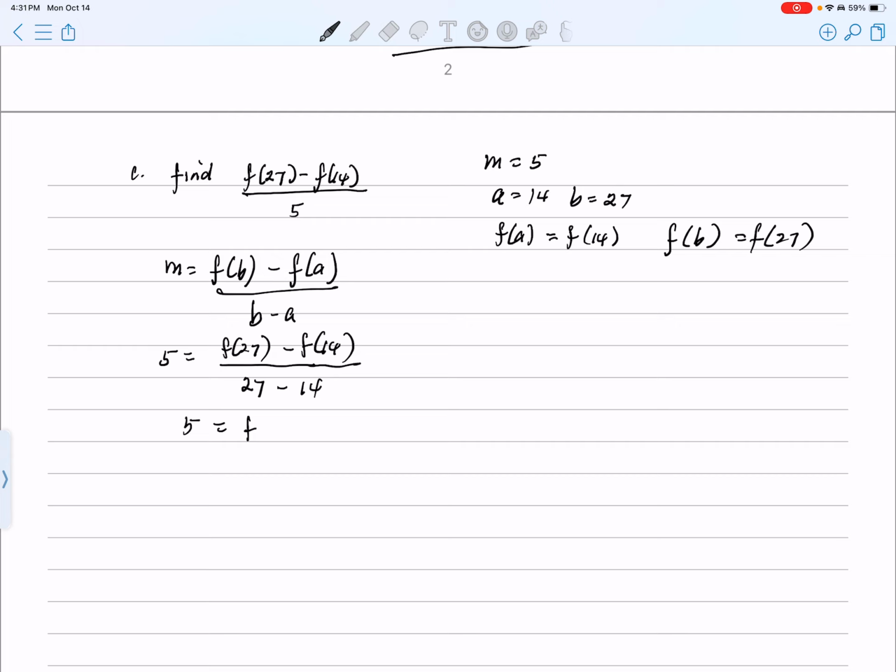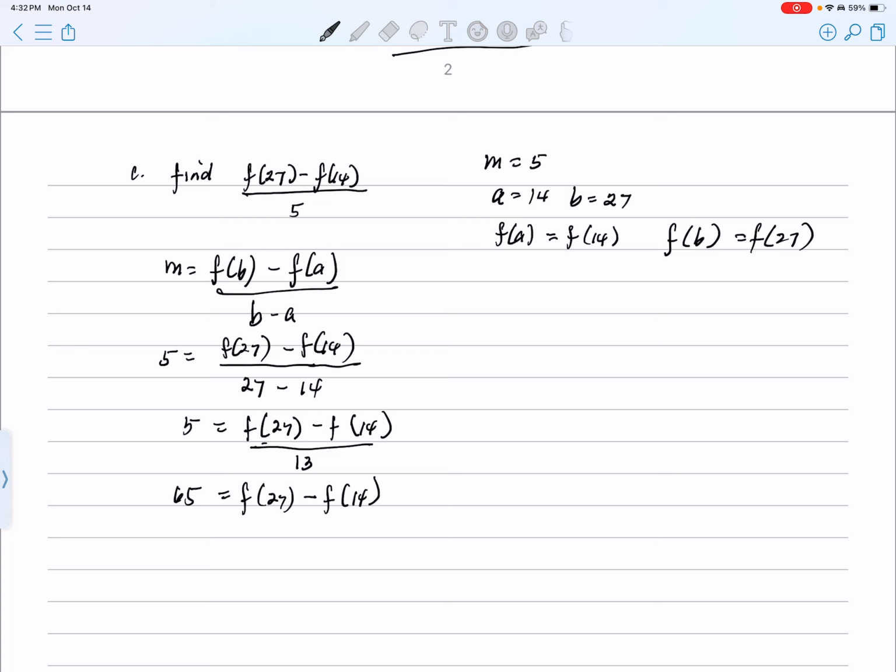So 5 is f of 27 minus f of 14 over what is 27 minus 14? That is 13, right? So multiply 13 on both sides. 5 times 13 is equal to 65. That is f of 27 minus f of 14.